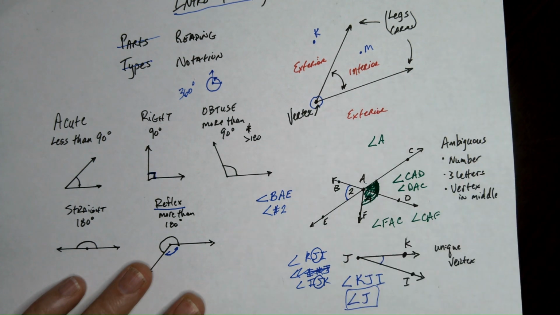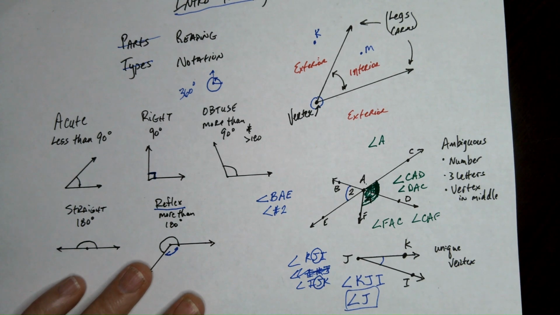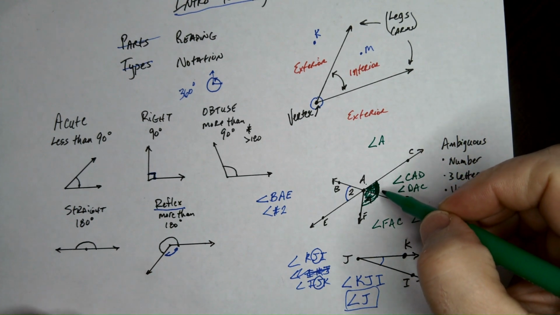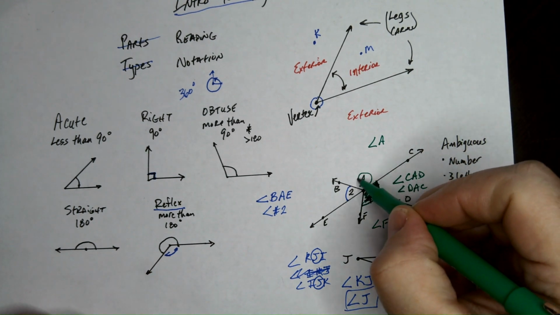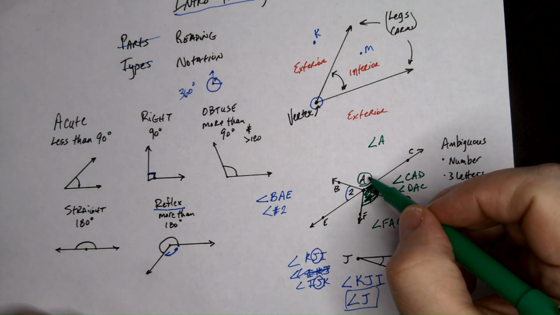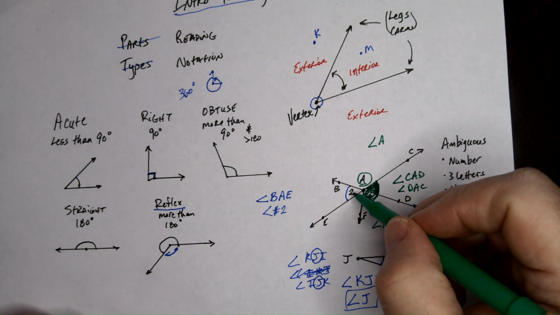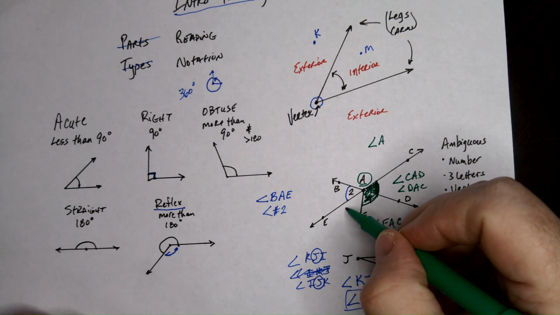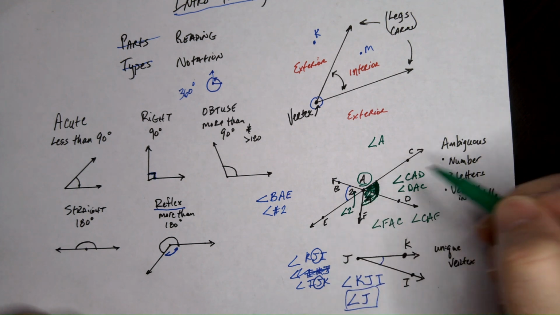Either one of those is absolutely fine. So if you have an ambiguous case where you could be talking about more than one angle, you can't just use the vertex. You have to use three letters, so one letter from each of the legs and the vertex in the middle. Or if it's numbered, like this one right here says 2, you could say angle 2, which is that angle right there.